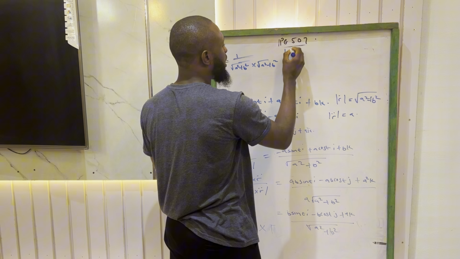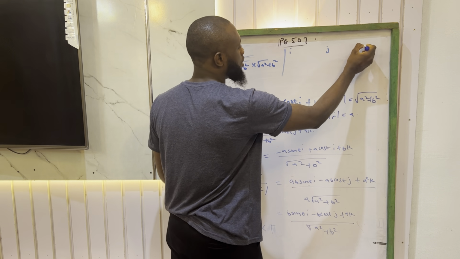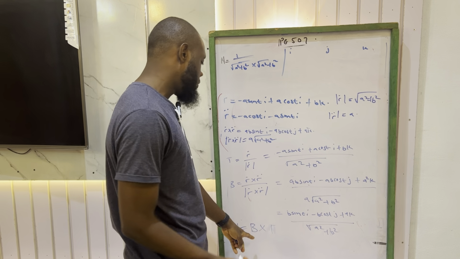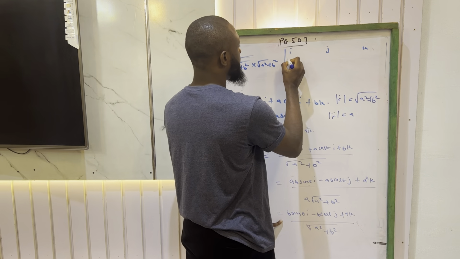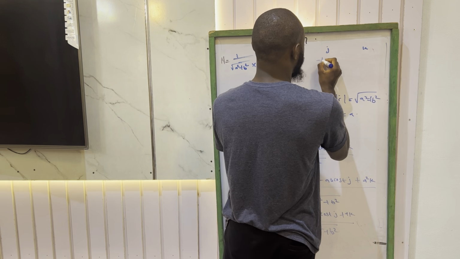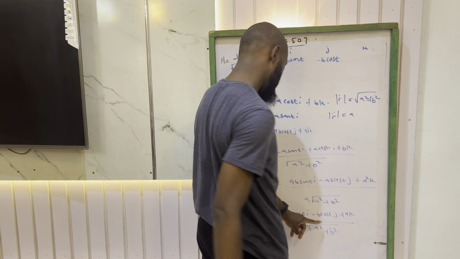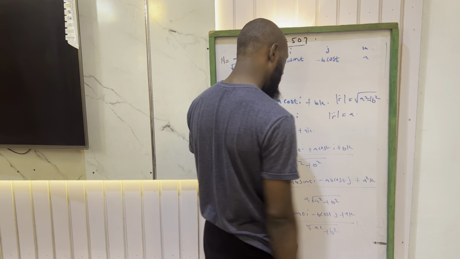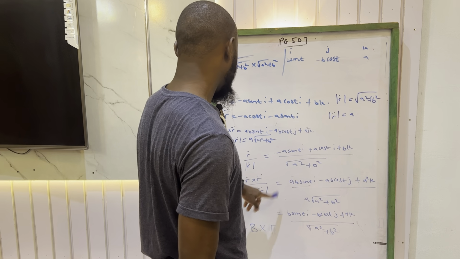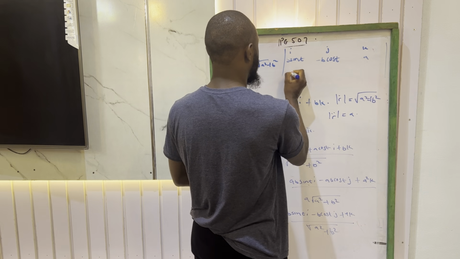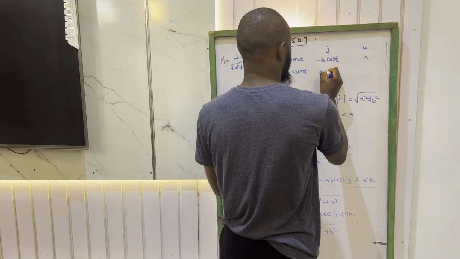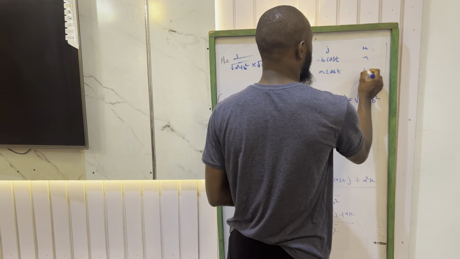Then do the cross product of i, j, k. Now b comes first. So we have b sine t, minus b cos t, and a here. Then we come back for our tangent: minus a sine t, a cos t, then we have b.